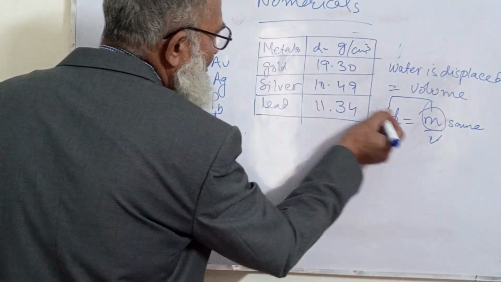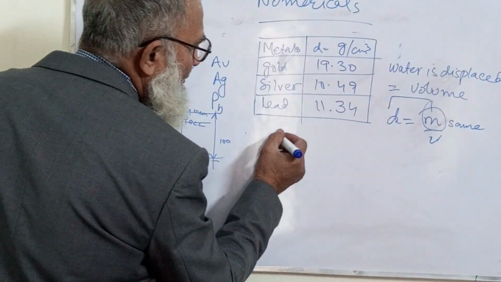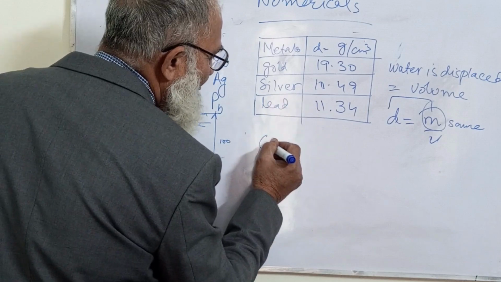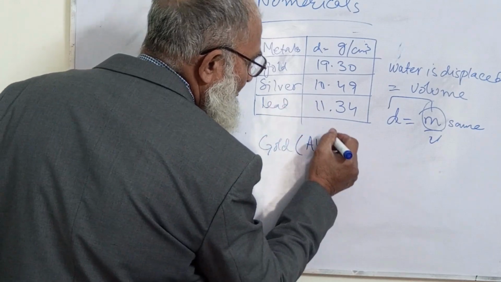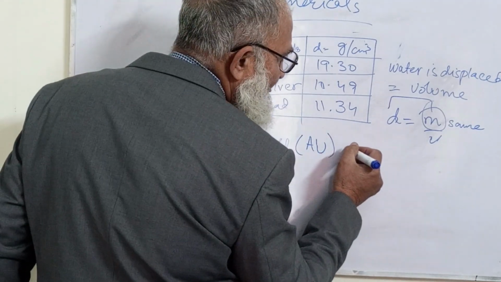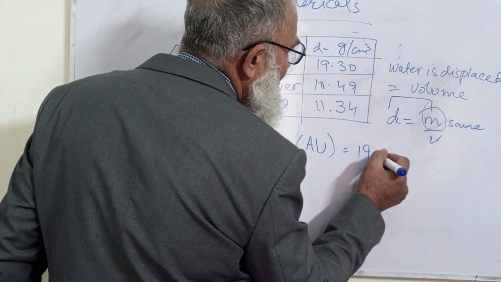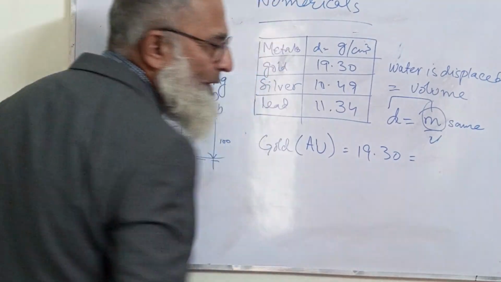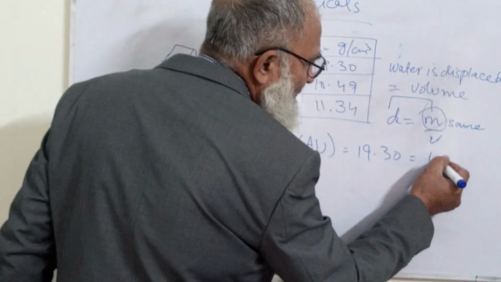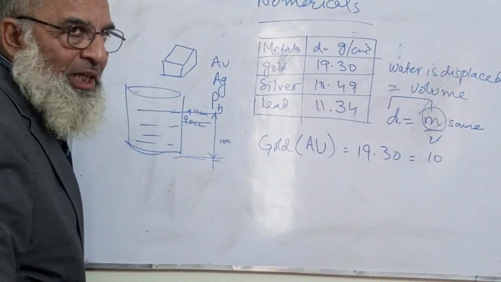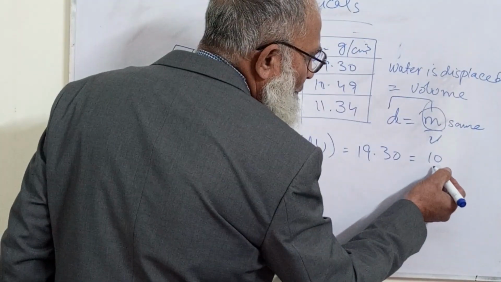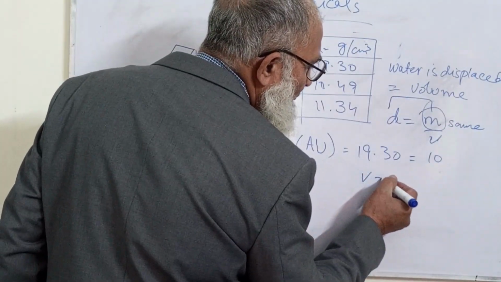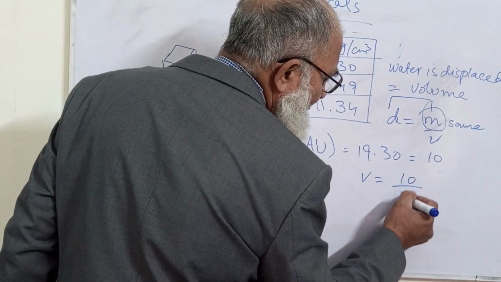Now you see the density is different for all the metals. Let me take gold first, and the symbol of gold is Au. The density is 19.30. Let the mass be 10 grams for every metal. Then the volume for Au will be 10 divided by 19.3.